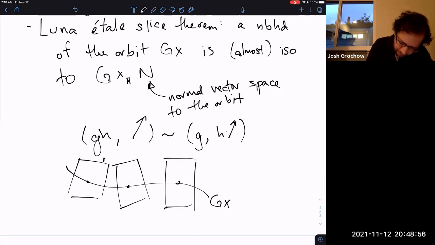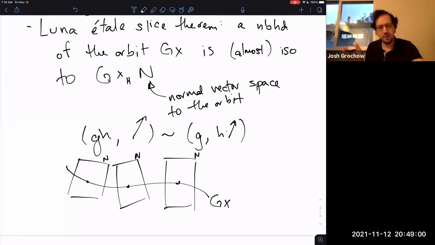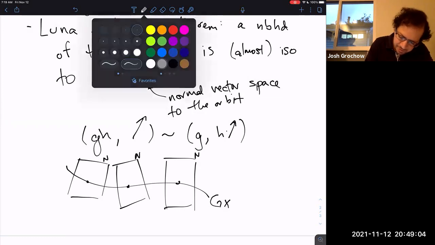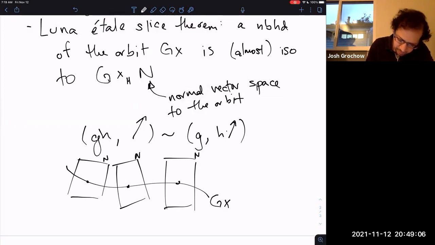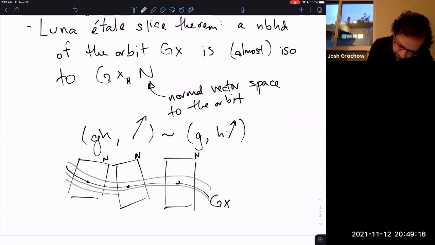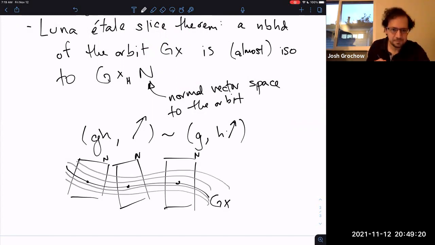So these are all copies of N, our normal space, sort of smoothly varying along the orbit. And there's a neighborhood that looks like this, and that means that nearby orbits also have this same shape. They sort of go through N in the same way.